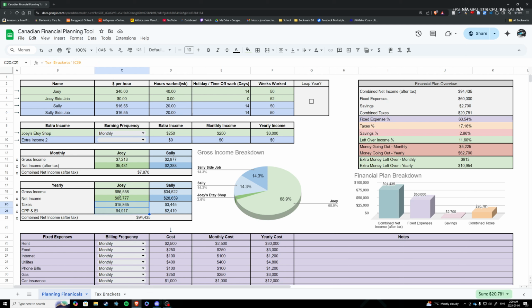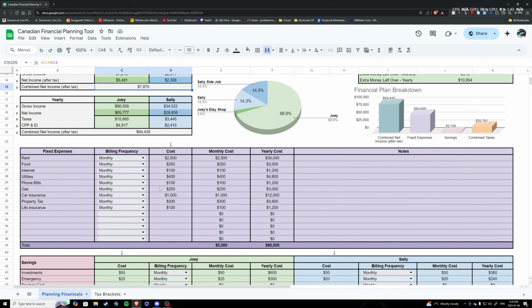These values are then subtracted from the gross income to get our net income. These values are then summed up for a combined net income after tax of 94K, and you can see the same for monthly. You have your gross income, you have net income, and then you have your combined net income.